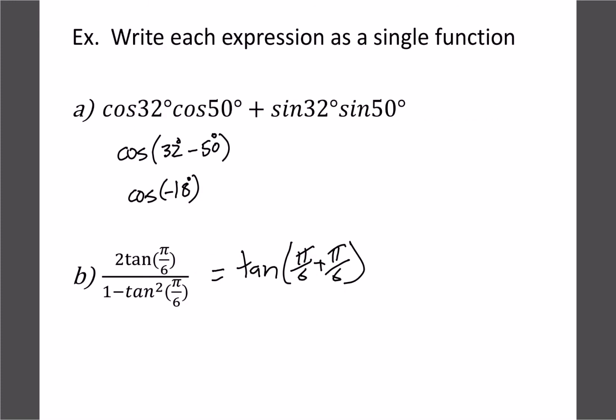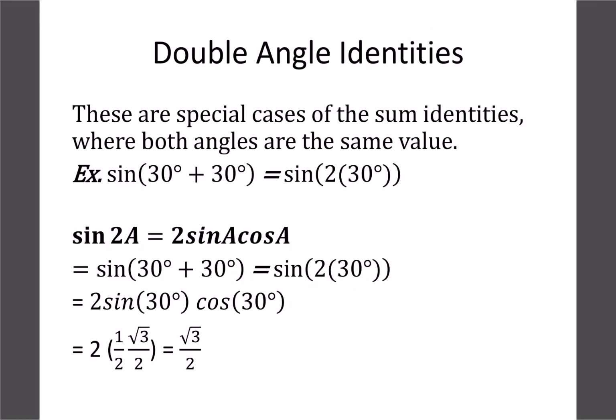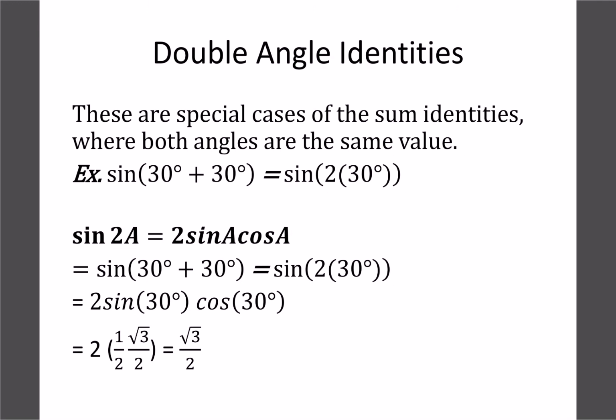So we could simplify that to 2 pi by 6, or even further to pi by 3. So tan of pi by 3 is indeed the exact same as all this, which is a lot easier. These identities work pretty good, and this last one that we looked at, because both angles were the same, is sort of a special case.